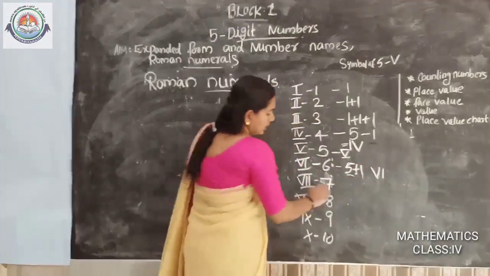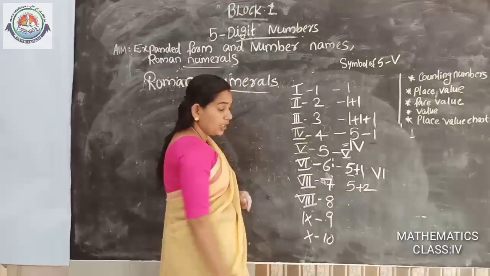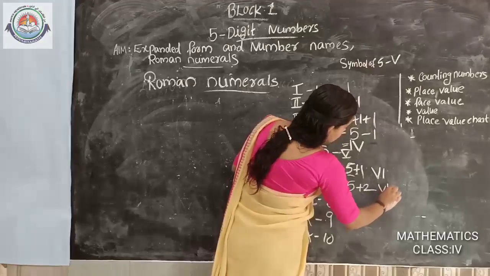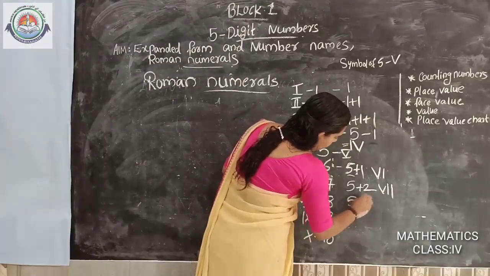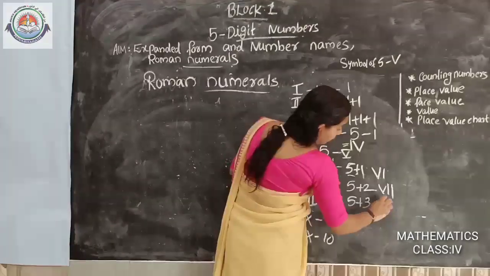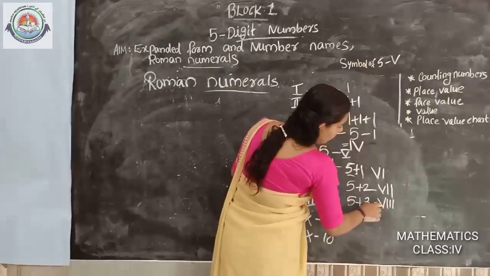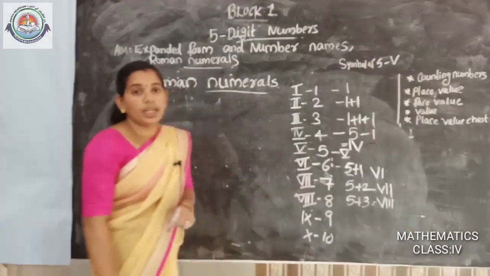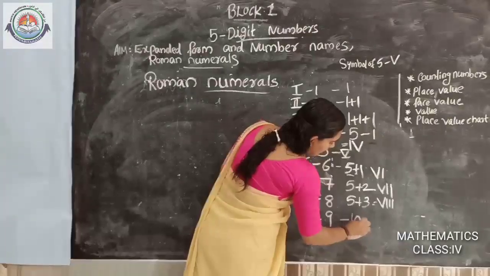So 6. 7 we can write 5 plus 2. So here also addition. 7, 8, 5 plus 3. So how many lines are needed? 3 lines. The symbol of 5, then 3 lines. The symbol of 3. Okay. Then 9, 10 minus 1.